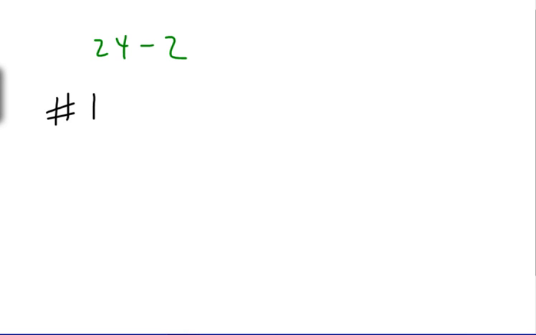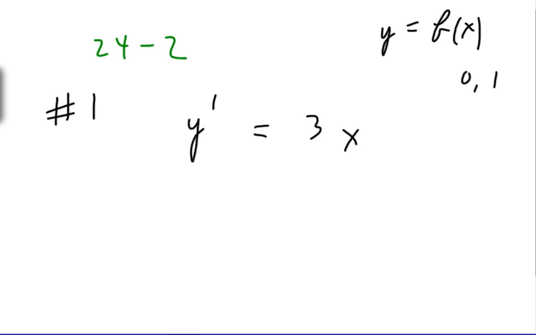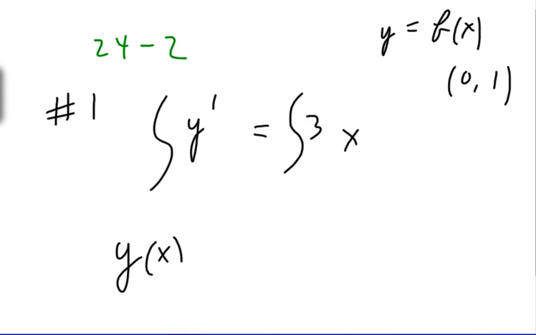So number 1, we have y prime is equal to 3x, and y is equal to f of x, and y is equal to f of x passes through 0, 1. All right, so I'm going to integrate both sides and get y of x is equal to 3x squared over 2 plus c.